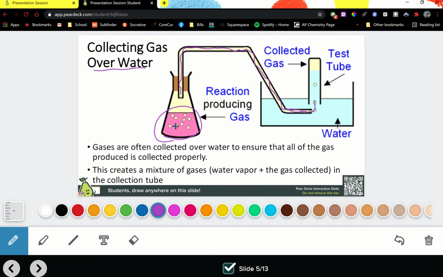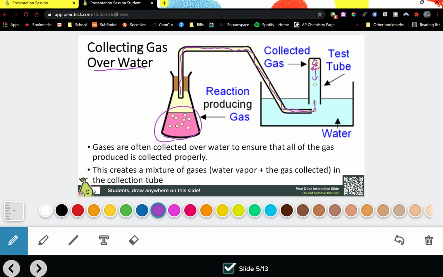We turn that test tube upside down, usually have it clamped somewhere at the top, so it's staying in place. And then that gas is allowed to collect in here, okay? As more gas forms, it's going to push the water out, and we're going to get more and more gas in there, okay? So that's a way of collecting gas from a chemical reaction.